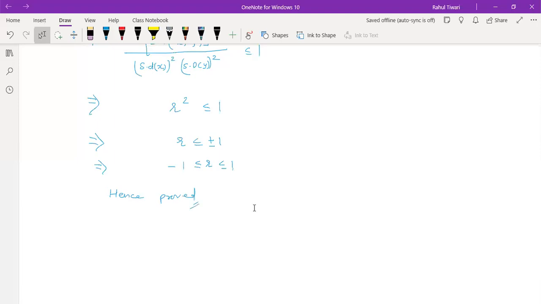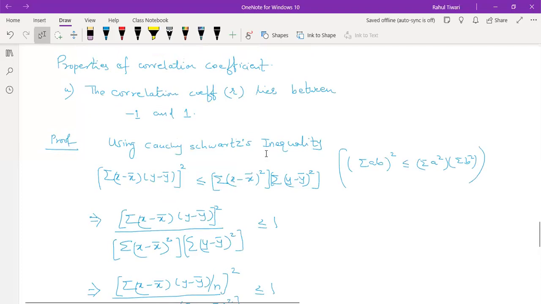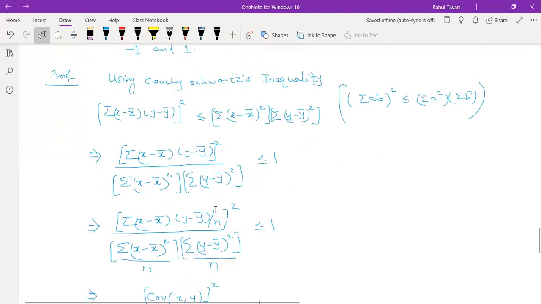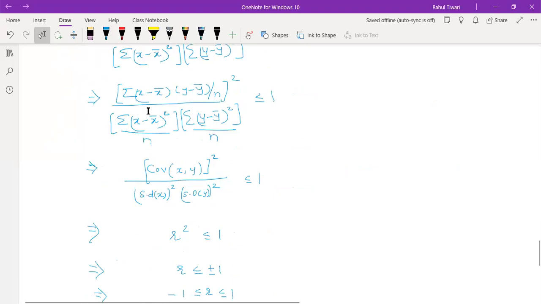So what I did here, I used this inequality, taking the right and left hand side. I divided by n square in numerator and denominator. This makes my covariance. In the denominator, we have, in terms of notation, sigma of x whole square, sigma of y whole square.